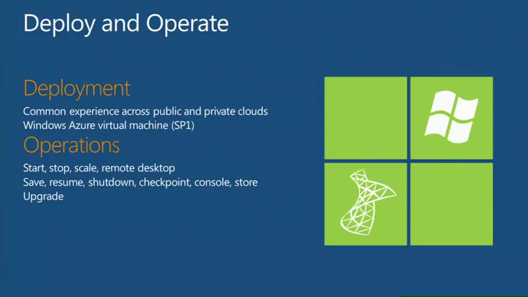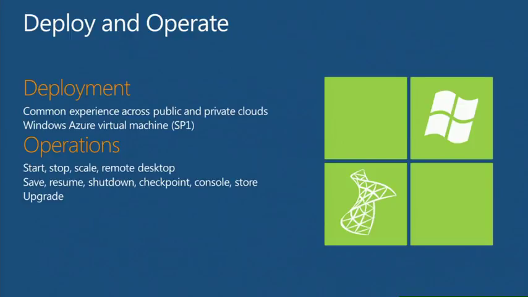The other piece that we've done for App Controller is we've focused on a really common experience. You saw that with the interface Ketan had for adding the connections, which was all very similar. It didn't matter that there were 3 very different types of connections. The experience was very similar. And we extend that for both virtual machine management and service management as well, irrespective of where it's occurring.